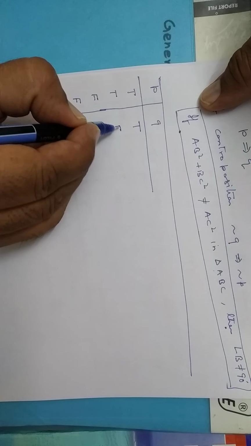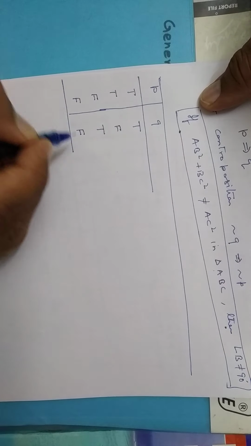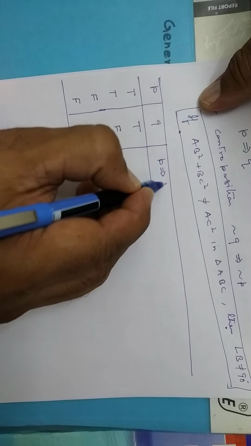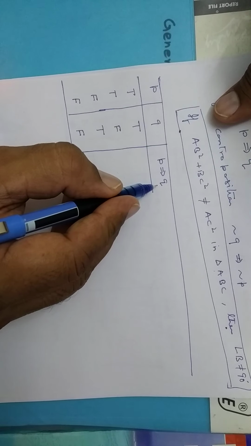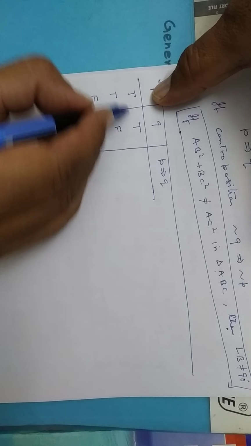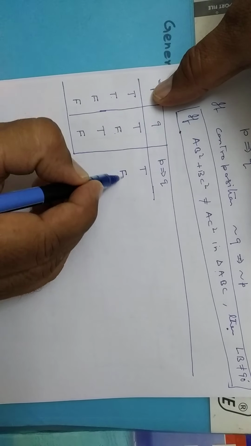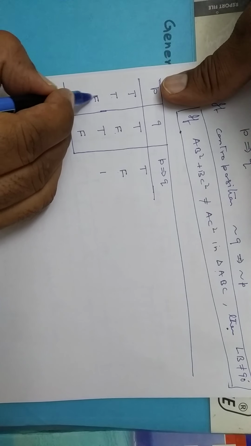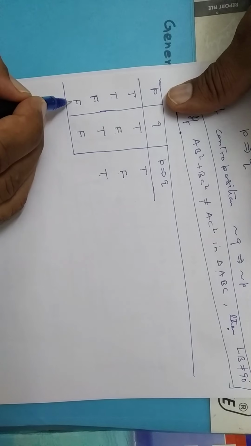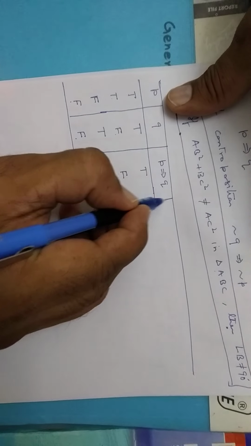For Q we are considering in this way, true and false. All the 4 cases have been considered. P implies Q is our main implication. True and true is true. True and false means false. P false but Q true, P implies Q will remain true, and false and false will also remain true.